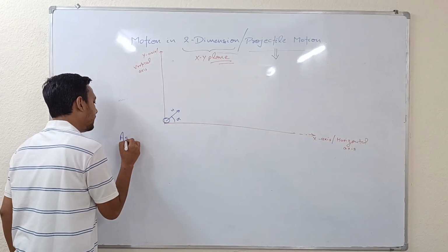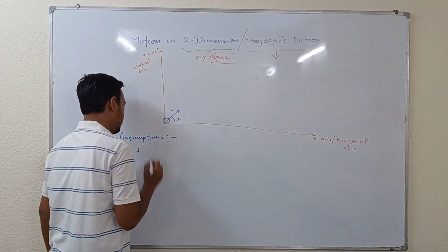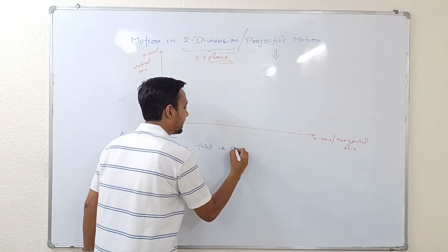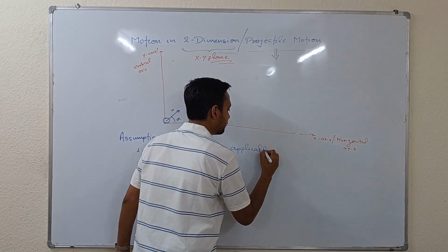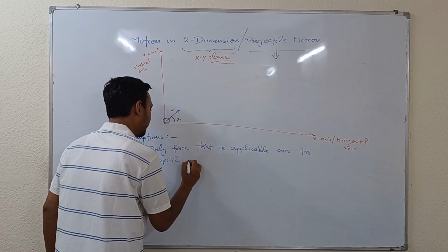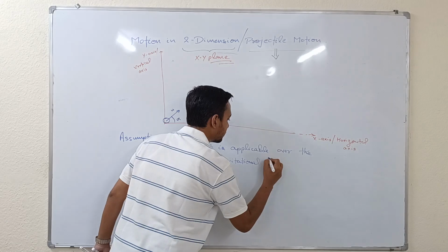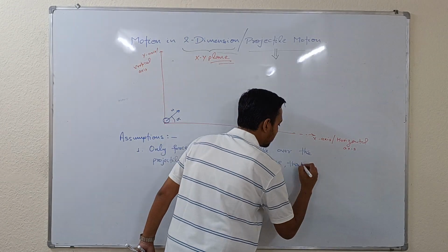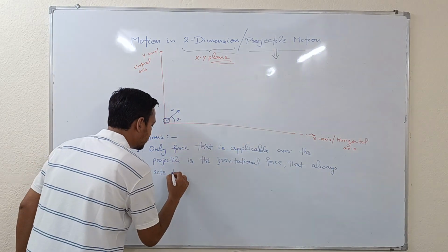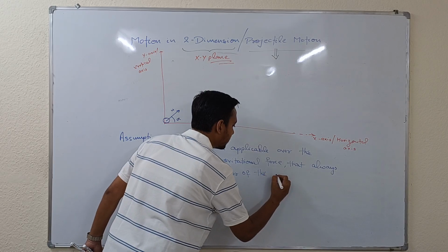Here, assumptions. First of all, coming to the assumptions. The first assumption is that the only force applicable over the projectile is the gravitational force that always acts towards the center of the earth.